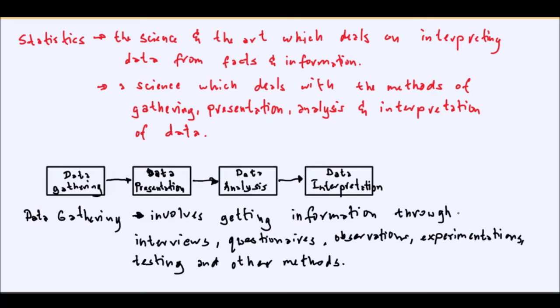So basically it is observing people, or observing the phenomenon of a certain study in which you are going to get the data, or going to observe the change in its properties. We have also experimentations, then testing, and other methods.